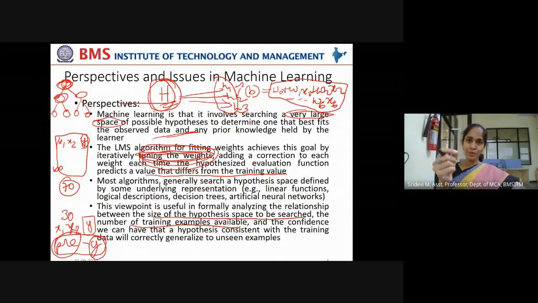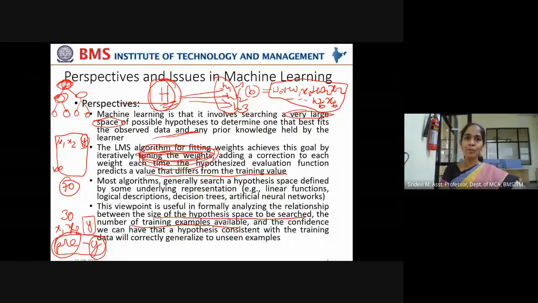Now, if another student comes as a new data point to me, I can generalize his behavior better because I have learned about 1 million students. So what is my learning capacity here? In the previous case, I have learned only about 10 students and I'm trying to generalize. My generalization will be almost wrong.